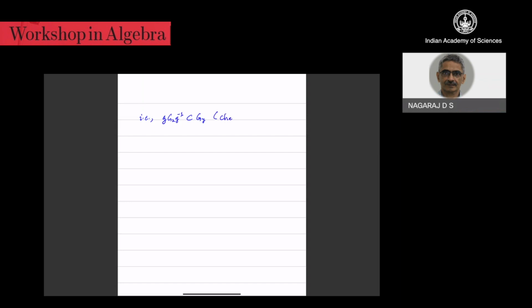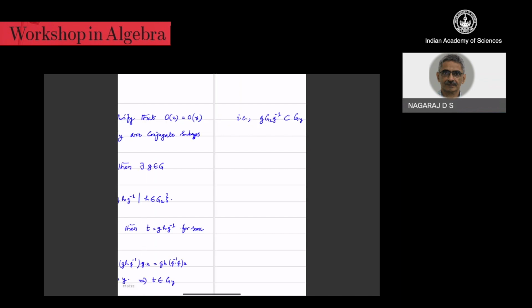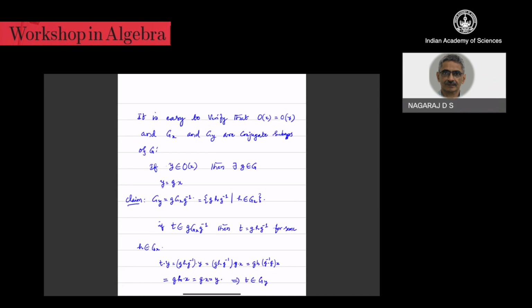Check this: with the assumptions on x and y, Gy is contained in g Gx g inverse. So this is what we are going to get between these two.